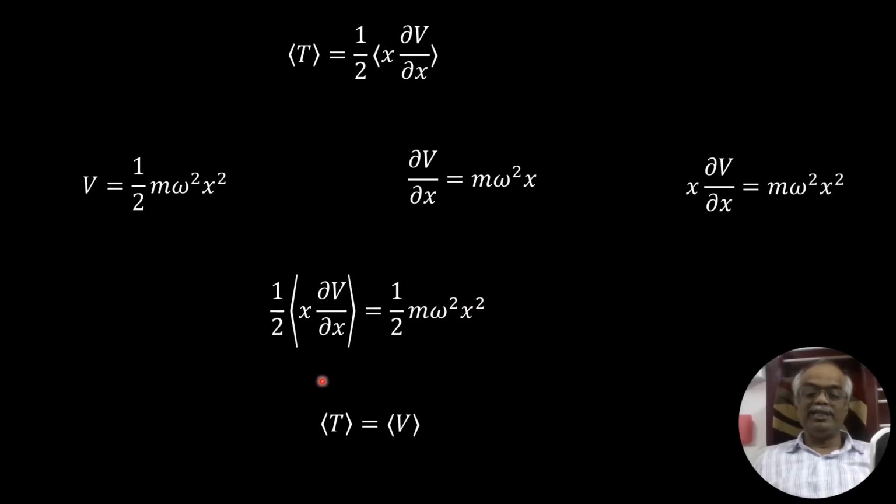So naturally this expectation value of kinetic energy is equal to this expectation value of potential energy. Comparing this and this, you will come to the conclusion that the expectation value of kinetic energy is equal to the expectation value of the potential energy.